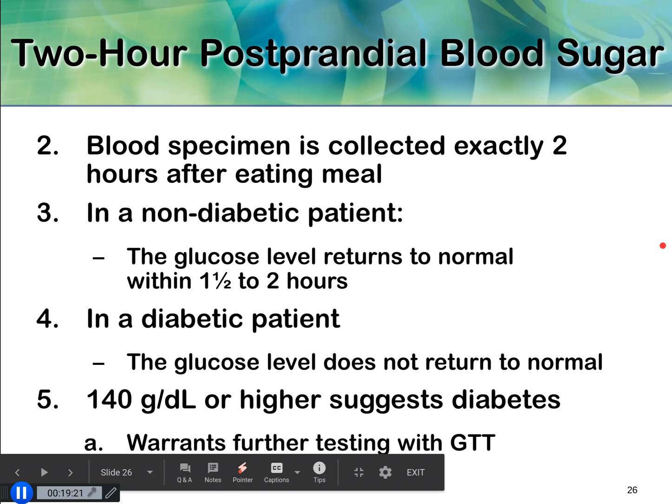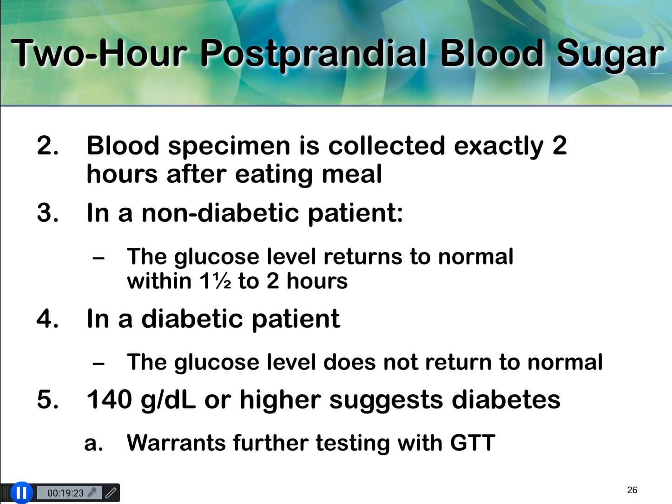And then they give a blood specimen exactly 2 hours after consuming the high carbohydrate meal. So we're testing, again, how well our body uses and stores those carbohydrates. In a non-diabetic patient, the glucose level should be normal when checking that specimen 2 hours after a really high carbohydrate meal.